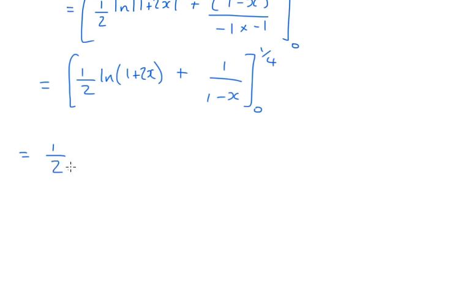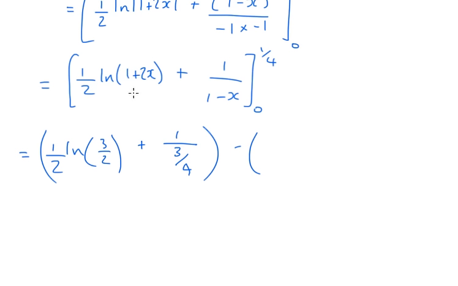We've got a half ln 1 plus a half, so that's 3 over 2. Plus 1 over 1 minus a quarter, I'll tidy all this up in a minute. Minus what we get when we put 0 in. When we put 0 in here, we're going to get ln 1, so that's nothing. Plus 1 over 1, so that's just 1.